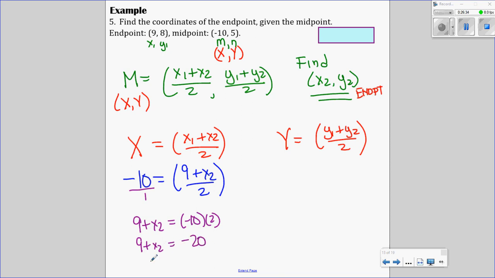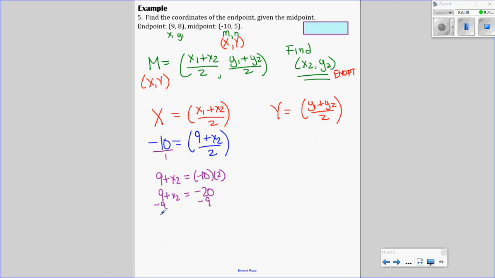This is -20. You subtract 9 on both sides, and you get x2 equals -29. So you found one of your endpoints, a piece of your missing endpoint.